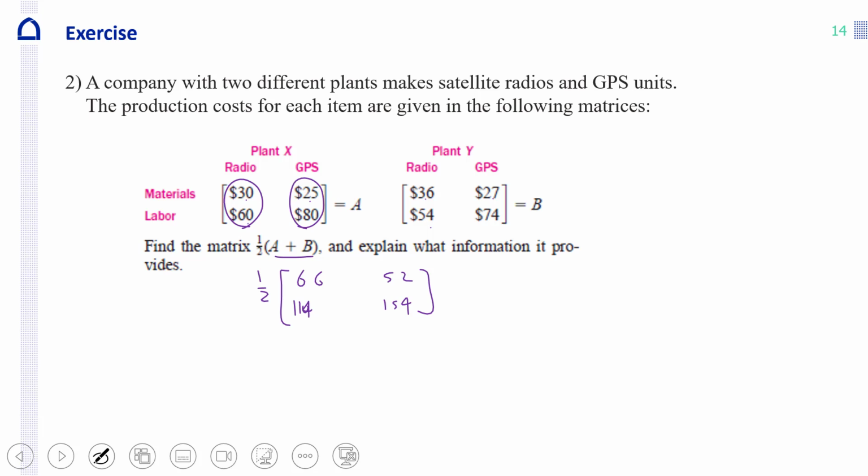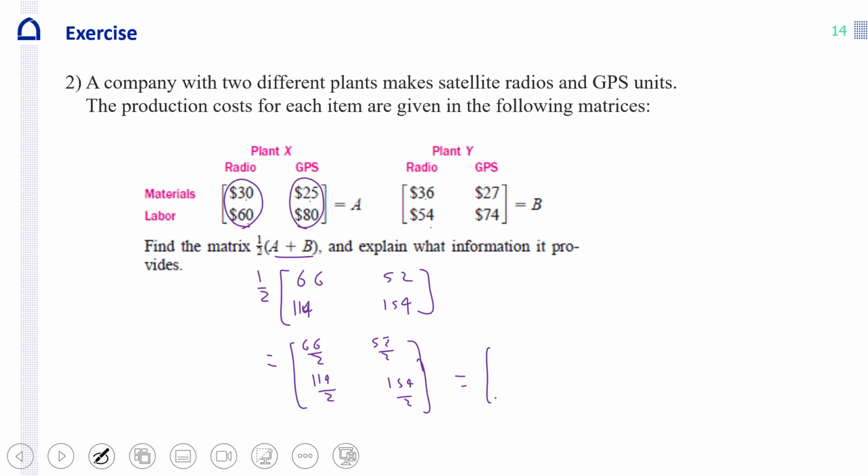Now I can multiply the half inside, so it is exactly like dividing 66 by 2, dividing 52 by 2, and dividing 114 by 2, 154 by 2. This is how to multiply by scalar.